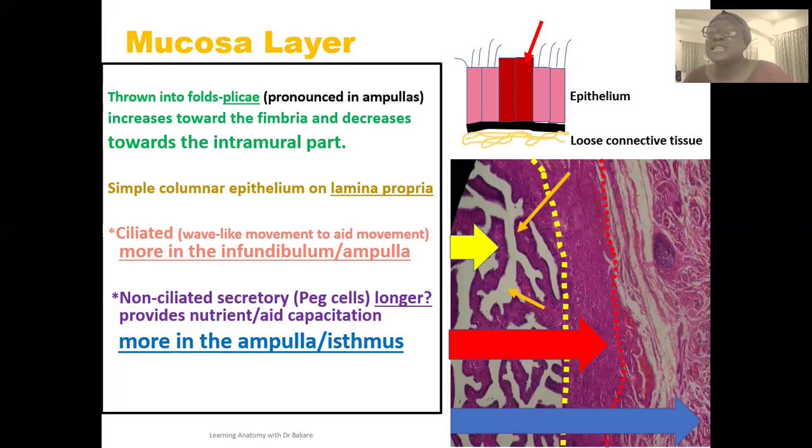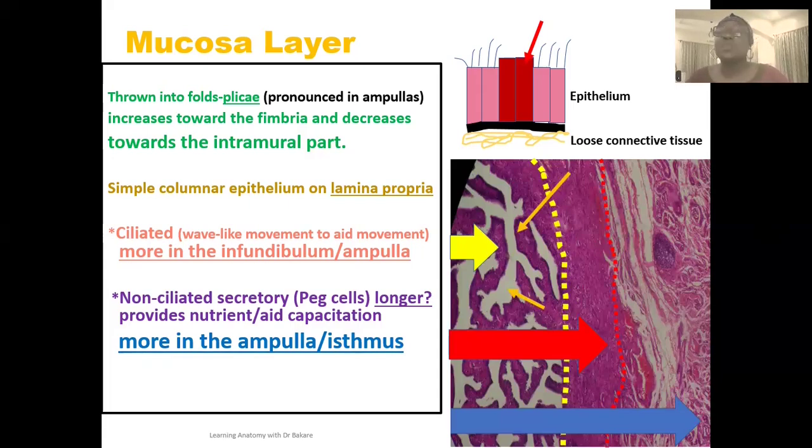And we know that capacitation needs to occur before fertilization would occur. And this process, of course, also occurs in the ampulla region. So that is why you see that more of the secretory simple columnar type of epithelium are located more in the ampulla region, and also the isthmus, which is the region that is next to it. So it is important that we're able to justify where we have more of these types of cells.